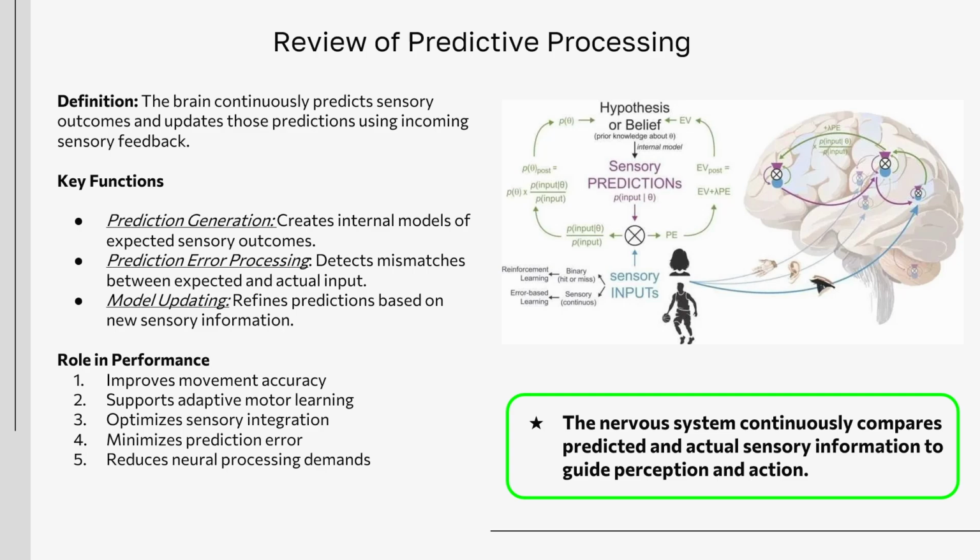Key functions: prediction generation creates the internal models of expected sensory outcomes. Prediction error processing detects the mismatch between expected and actual input. And model updating refines predictions based on new sensory information. Both of those functions require intact, balanced sensory attenuation and sensory reweighting.